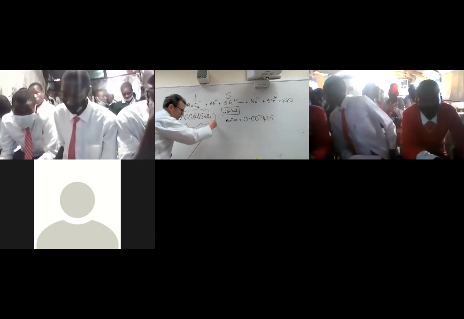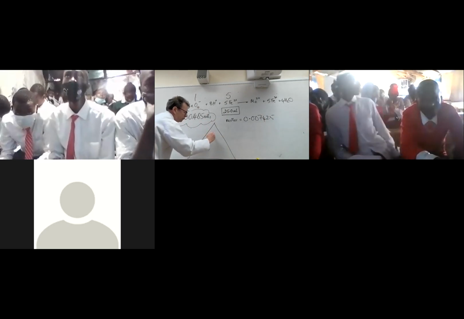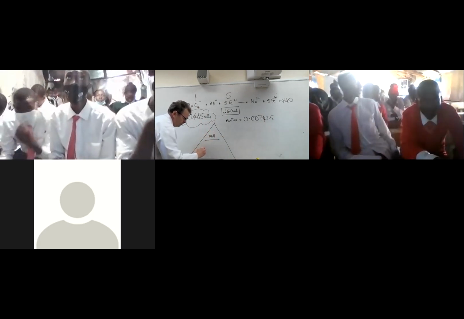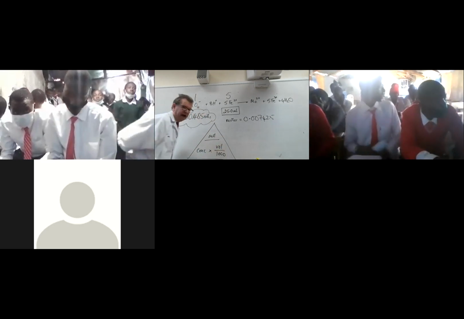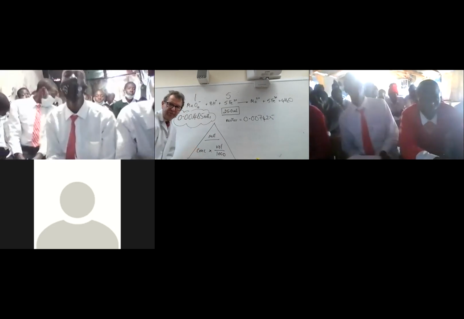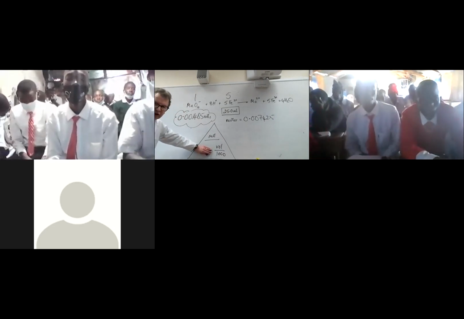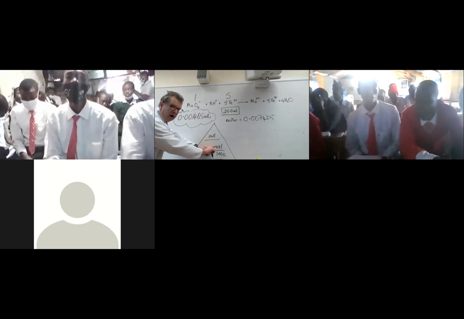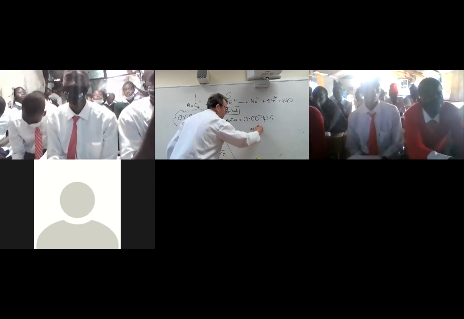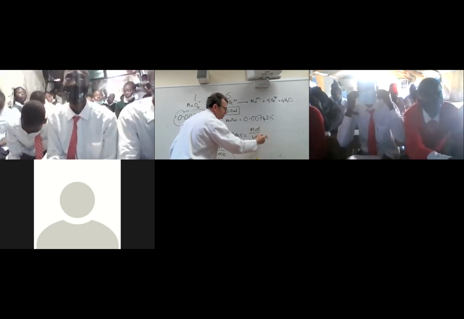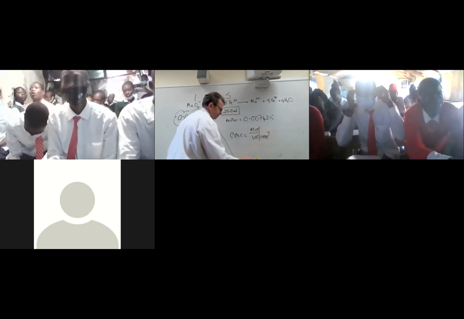The triangle says, okay, so I want the concentration. So the concentration is moles over volume over 1,000. So this can come up here, can't it?